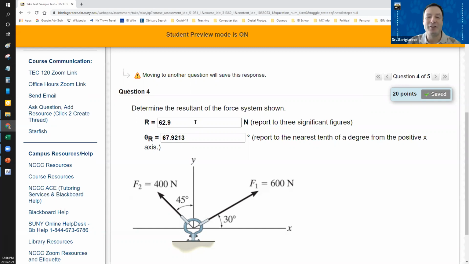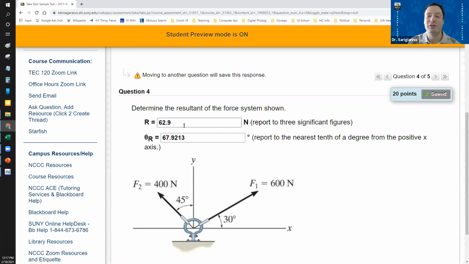I will deduct for things like math errors, but if you don't turn any work in to me, I don't know what you're doing. And if you put a number like 62.9 in, I'm just going to mark it all wrong, because this is obviously not the answer. But if I see your work, I see, okay, this is wrong.